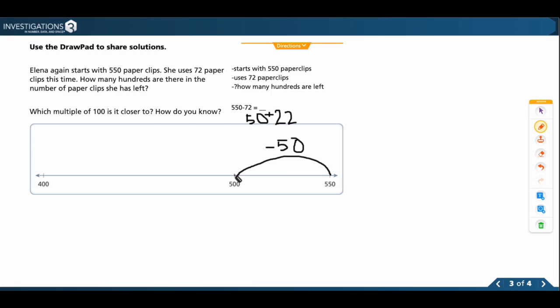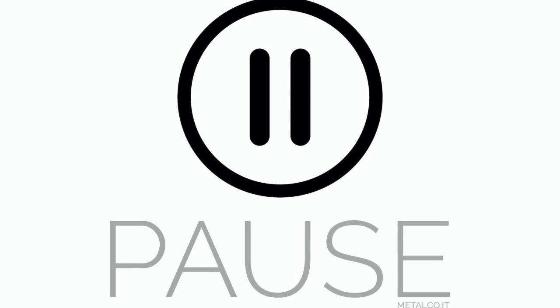And now I'm going to take away 22, which is about half of 50. So I made my jump about half from 50. So I see which multiple of 100 is it closer to? Is it closer to 400 or 500?